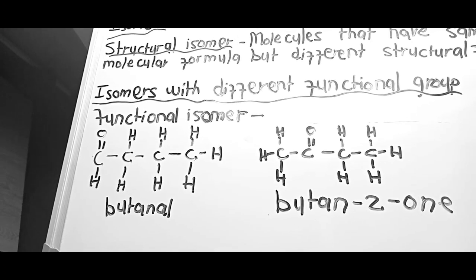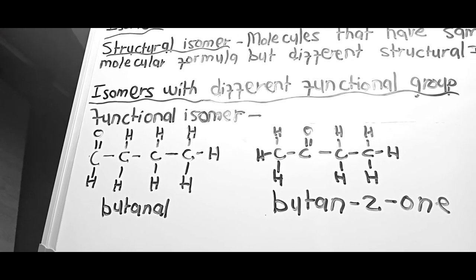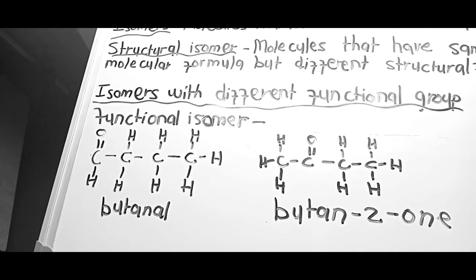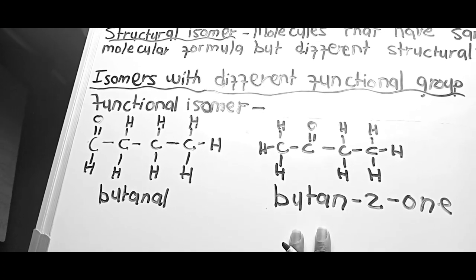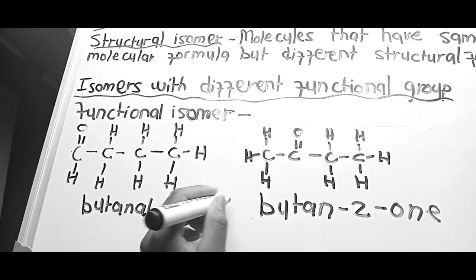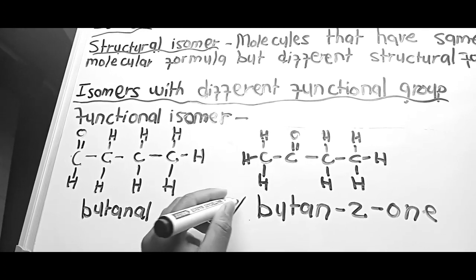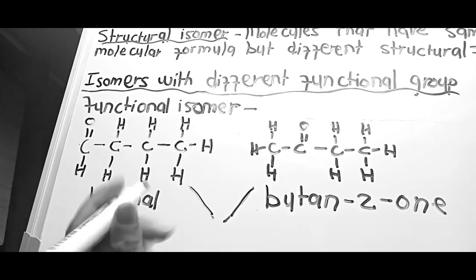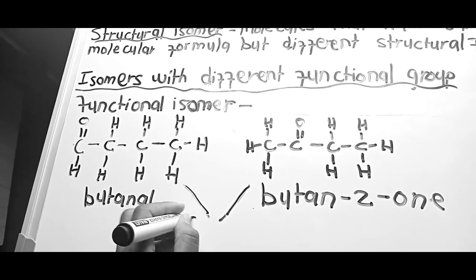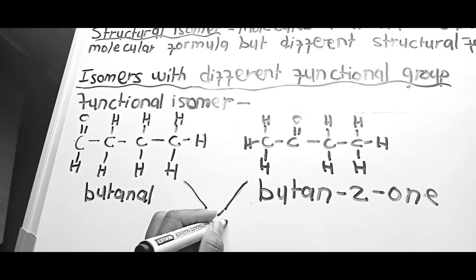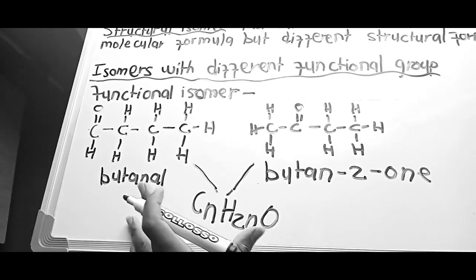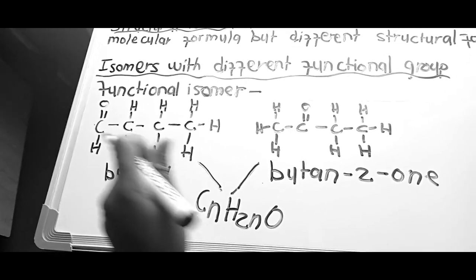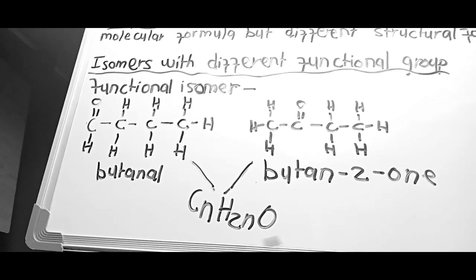It means they belong to different homologous series. So this one is butanal, this one is butan-2-one. Their relationship is that they are functional isomers, and the general formula is the same. It's CnH2nO. This is the general formula for the aldehyde and for the ketone as well.